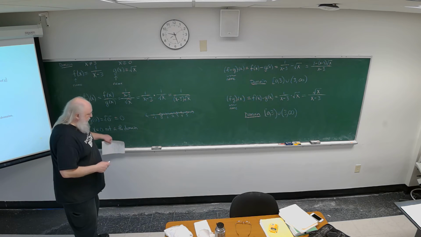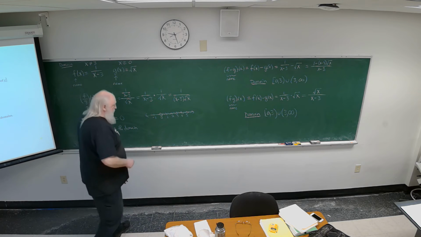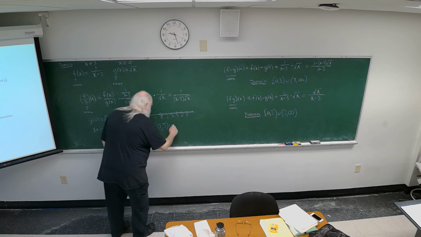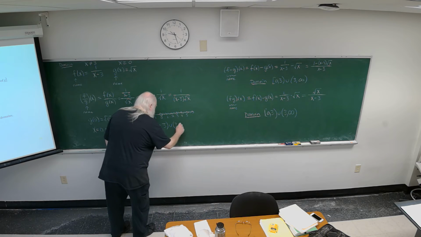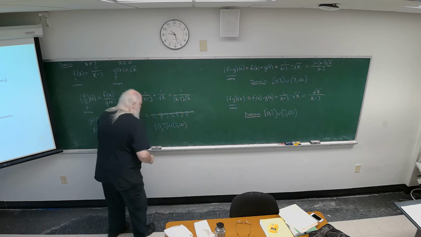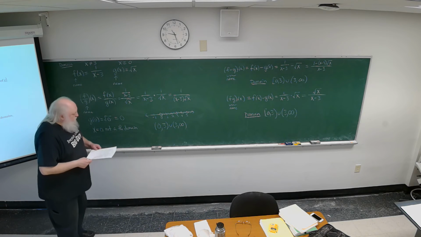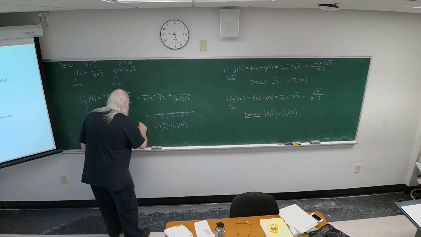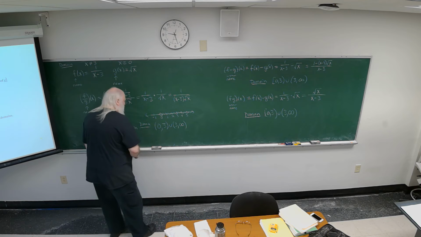X equals 0 is not in the domain. And so now when you write this in interval notation, you have left parentheses, 0, 3, right parentheses, union, left parentheses, 3, infinity. That's the domain in interval notation.